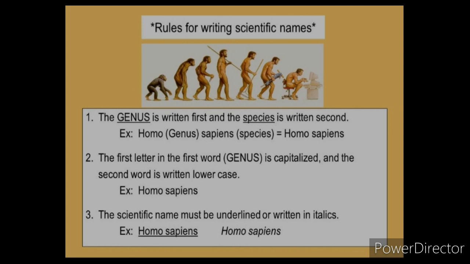Third, both the words, when handwritten, are separately underlined, or printed in italics to indicate their Latin origin. The fourth point, the first word denoting the genus starts with a capital letter, while the species name starts with a small letter. We should follow this strictly.